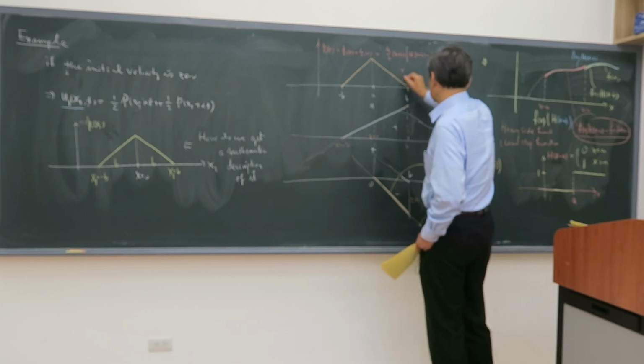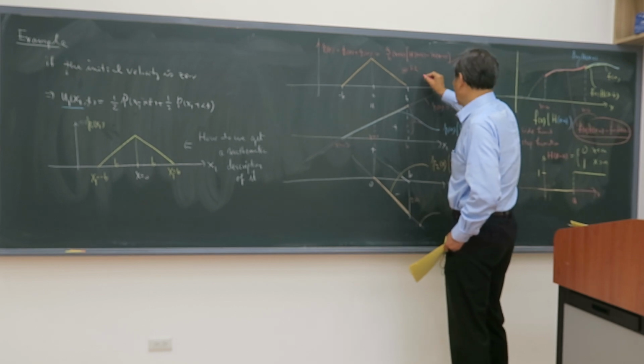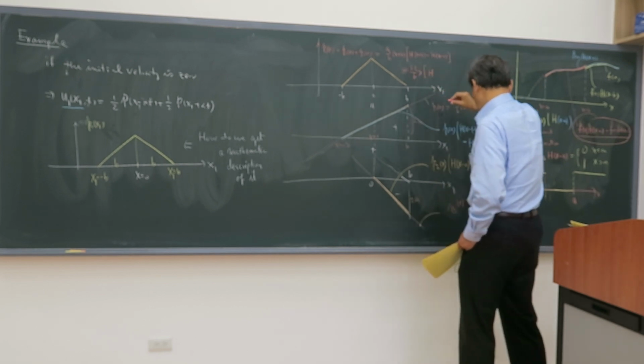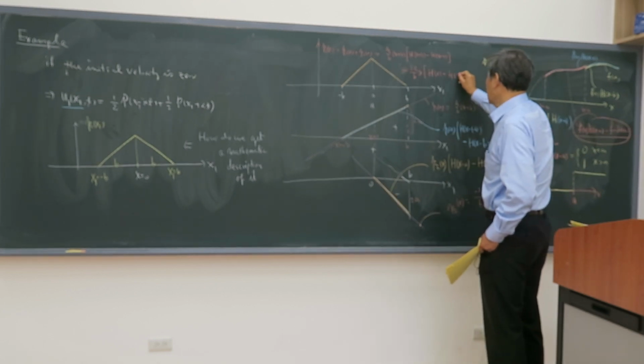Okay, plus minus 2a over b x Heaviside x minus Heaviside x minus b.